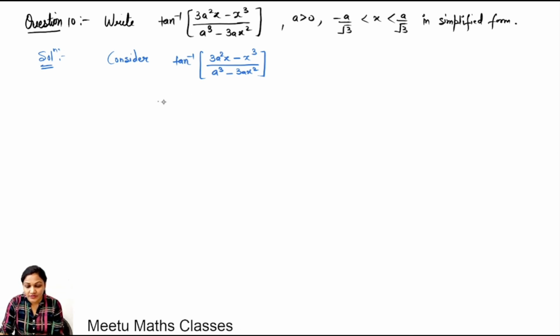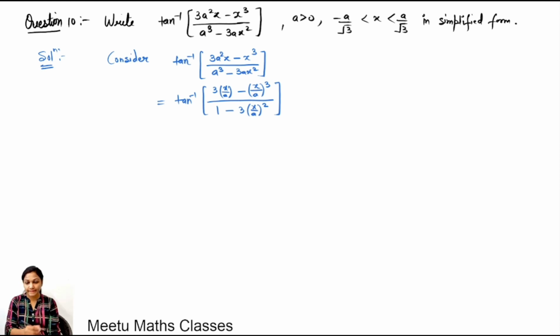Since a is strictly greater than 0, we can divide numerator and denominator by a cube. So it will give you 3 times x by a minus (x by a) whole cube upon 1 minus 3 (x by a) whole square. Now we can make a substitution.